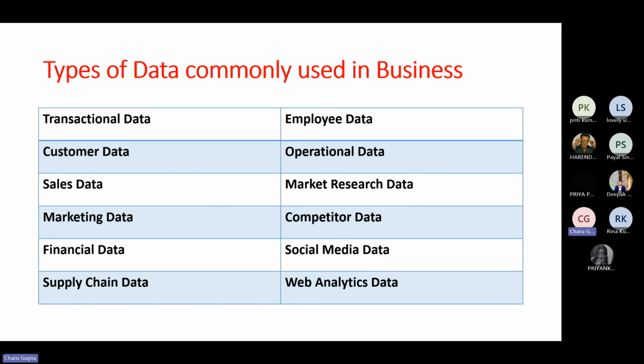So different types of data that is being used in business. बिजनेसेस में किस तरह का डेटा यूज होता है? ट्रांजैक्शनल डेटा, ठीक है, बैंकिंग का डेटा है. कस्टमर डेटा, कस्टमर की प्रोफाइल्स का डेटा है. कस्टमर के डेटा में आपका आ गया एज, डेट ऑफ बर्थ, लोकेशन। लोकेशन इसलिए हो गया कि आप किस जगह पे रह रहे हो, what are your needs. The next is sales data, marketing, financial, supply chain, employee data, operational data, market research, competitor, social media, and web analytics.